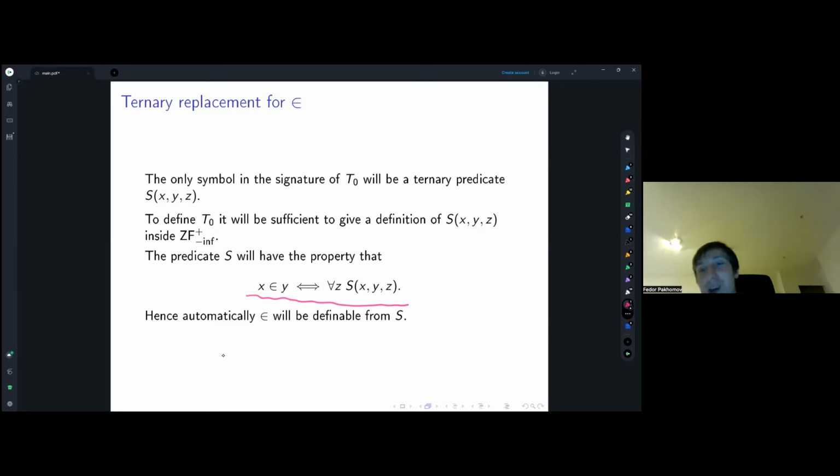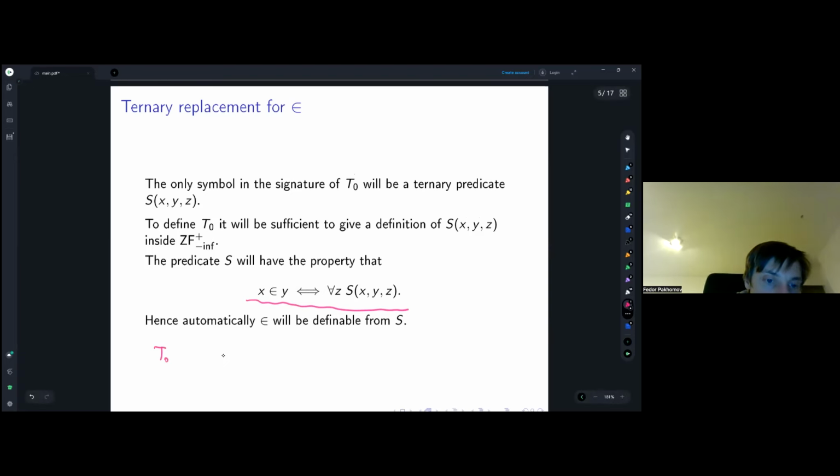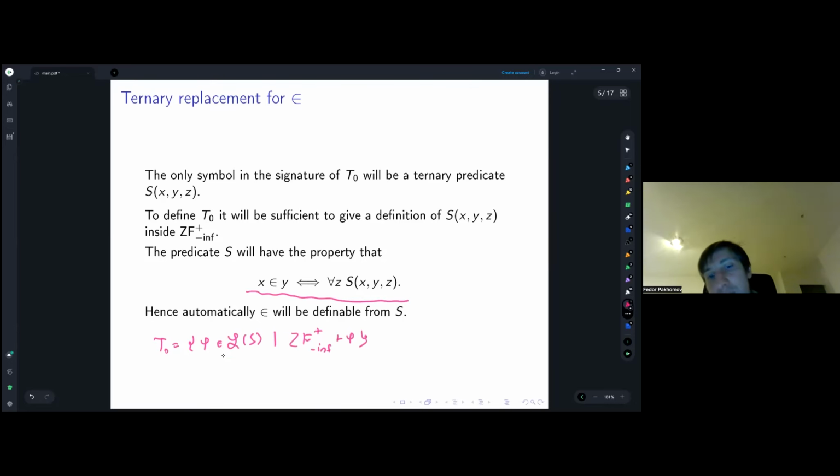More precisely, we define this ternary relation, and then we look at the set of all sentences in the language with just the ternary relation that are provable in ZF minus inf, and this is our theory T0. So T0 is the set of phi in the language of S such that ZF minus inf proves phi.